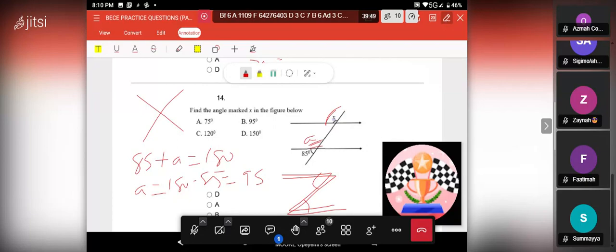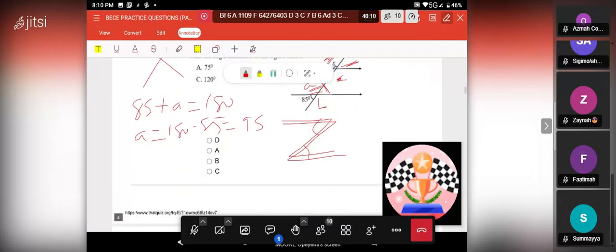A and B here, they are vertically opposite. So this place is also 85, vertically opposite. Is that one clear now?